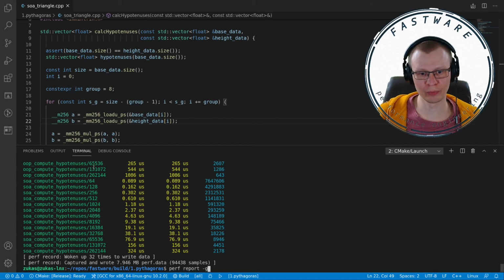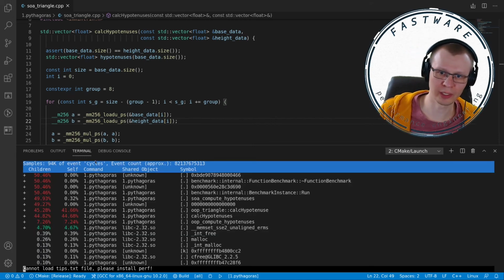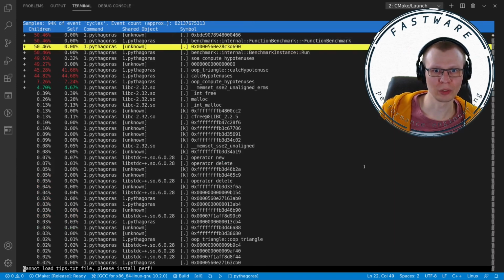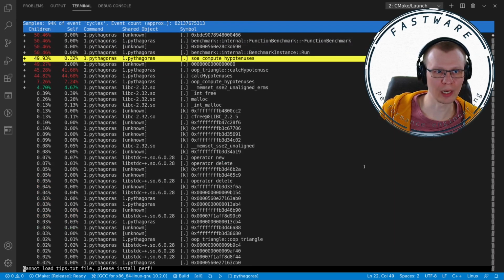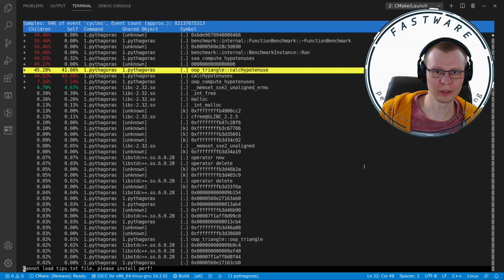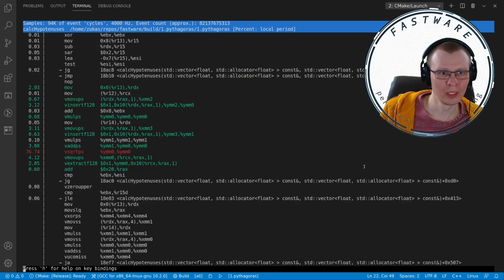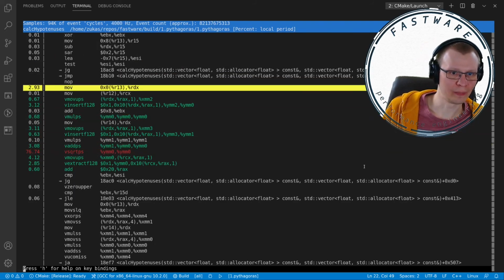So now with perf report, let's have a look at what we have as output. Here we have SOA calc hypotenuses, and here's the actual function. Now we're talking.